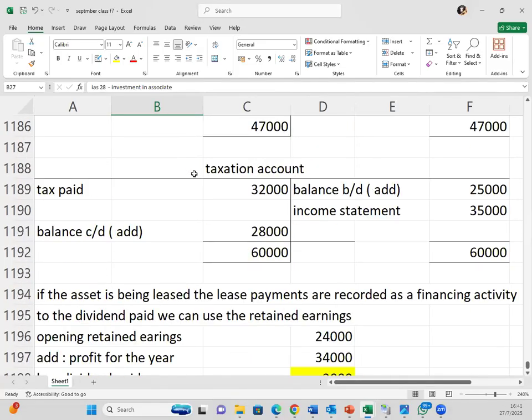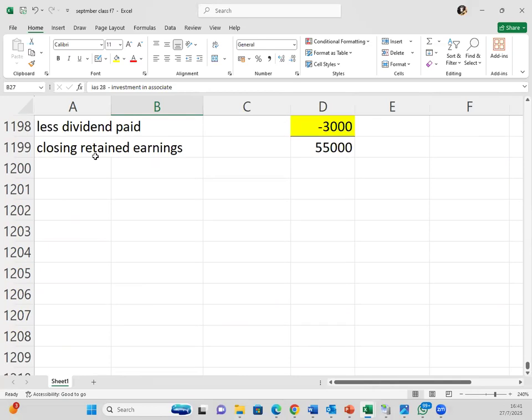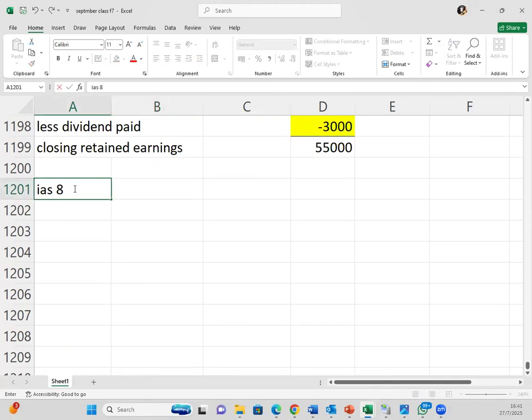Okay, so IAS 8. IAS 8 is a standard which deals with changes in accounting policy and estimates.